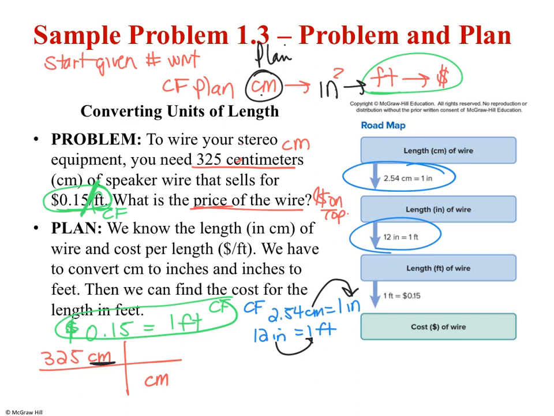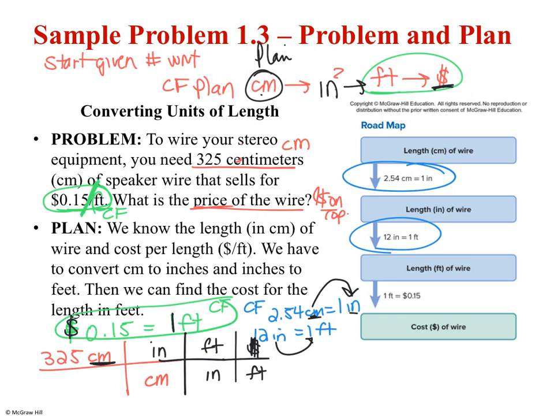You just need to go from centimeters to inches, and then you've got to have another railroad track. We don't want inches, so you're going to copy that on the bottom, and then inches to feet. We don't want feet, we want dollar signs. We have this one here, so we're going to put feet on the bottom, and then we'll put the dollar sign. Now you can go back in and put in the numbers.